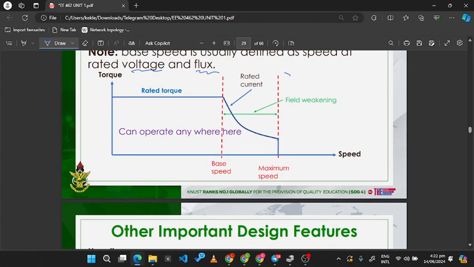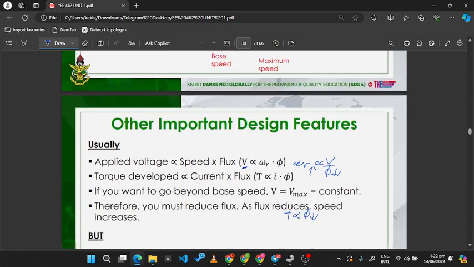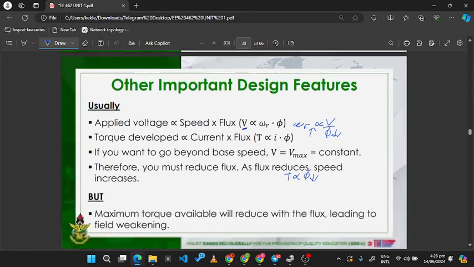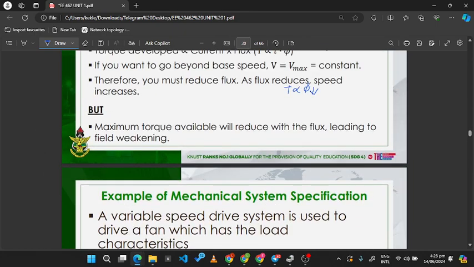So to increase the speed, we reduce the flux. And as we reduce the flux, the torque also reduces, which is why we move from this point to this point: increased speed, but a reduced flux.